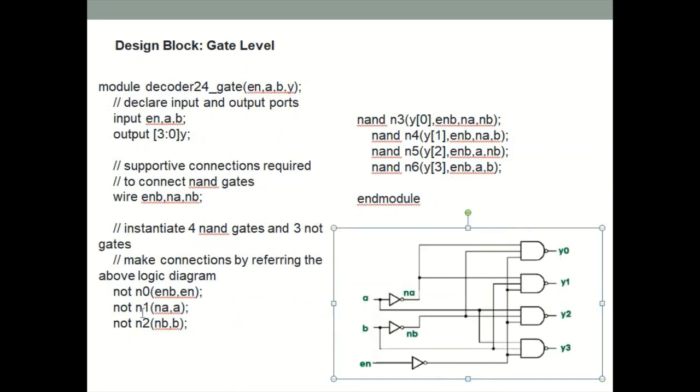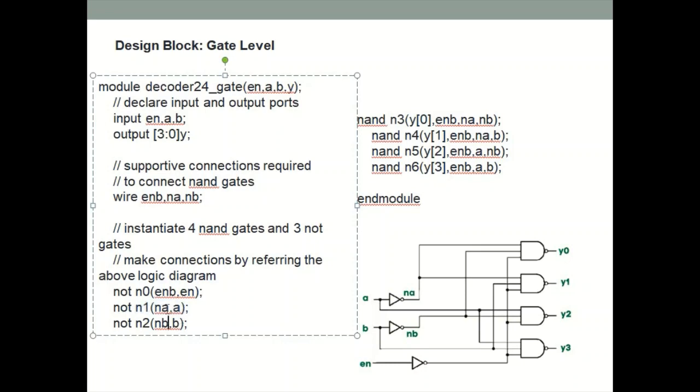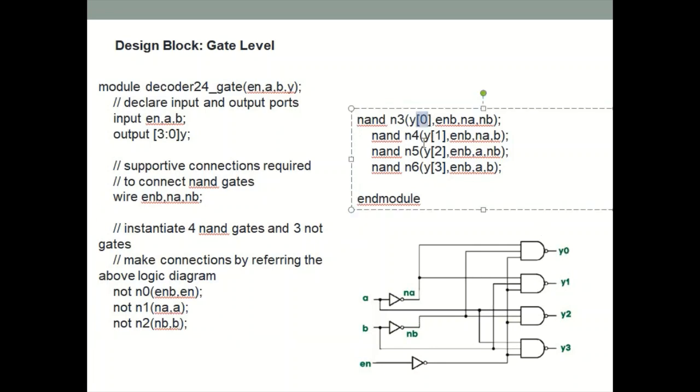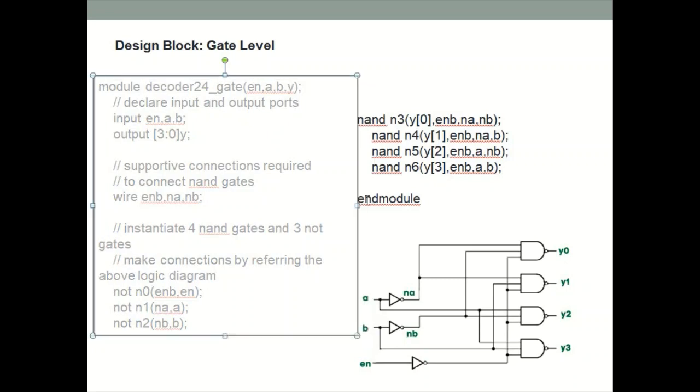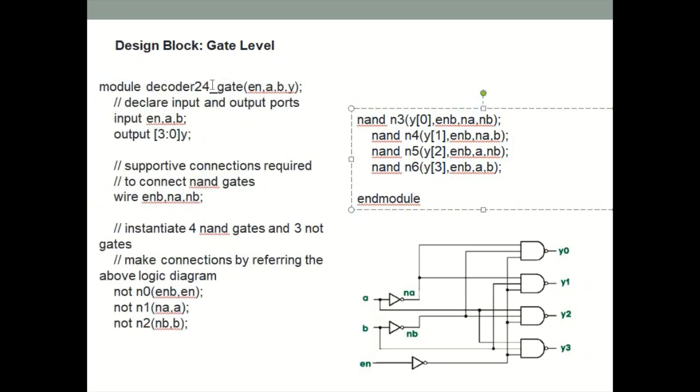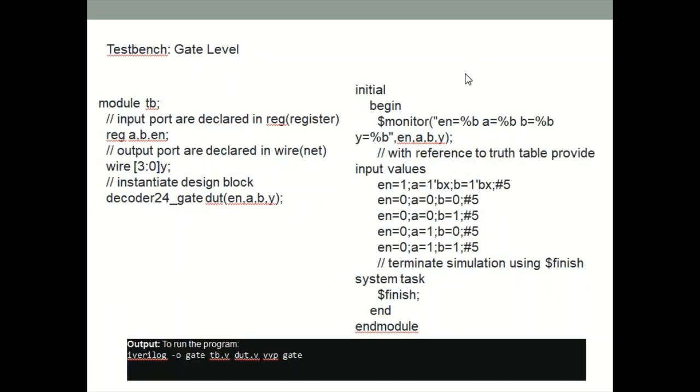The NOT gate here is A and NA, and the NOT gate here is B and NB, and the NAND gates are connected to the outputs Y0, Y1, Y2, Y3, with inputs EN, AN, NB. And we are going to write endmodule to end the module which we have created, which is the 2:4 decoder. And we are going to test the code.